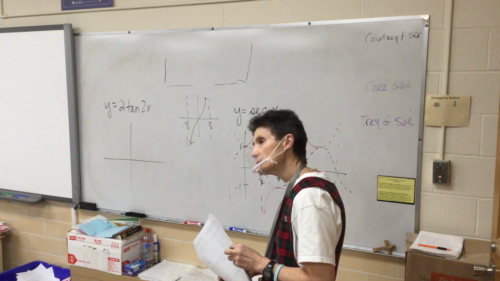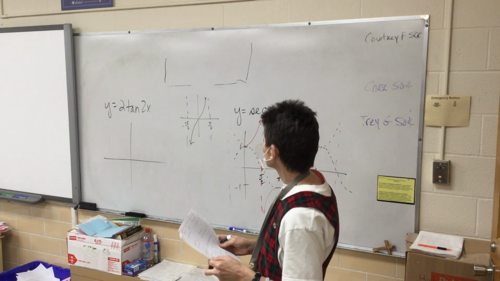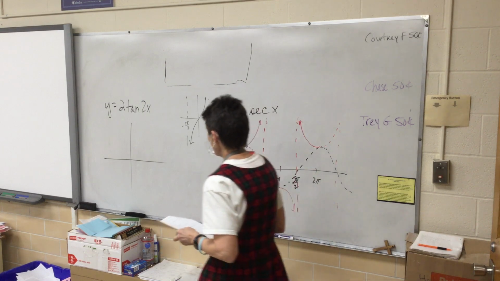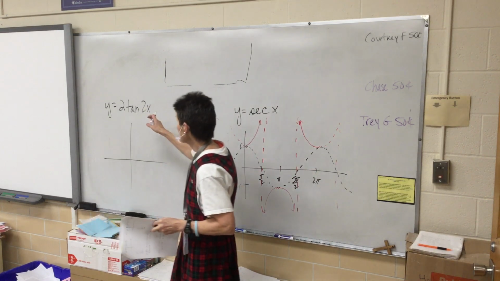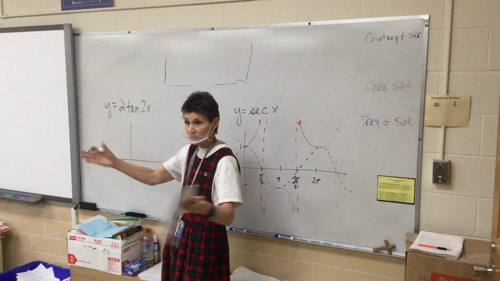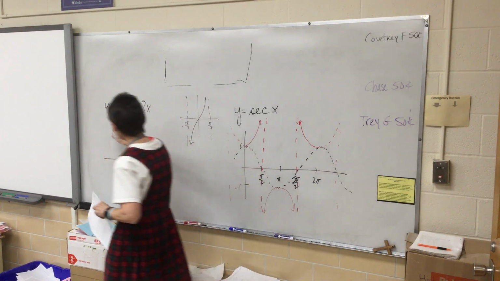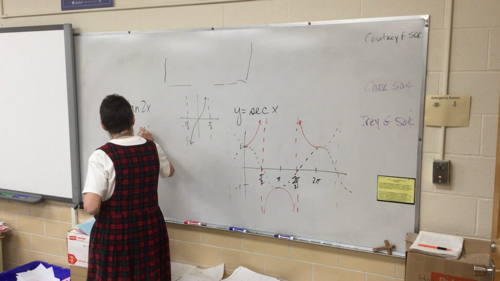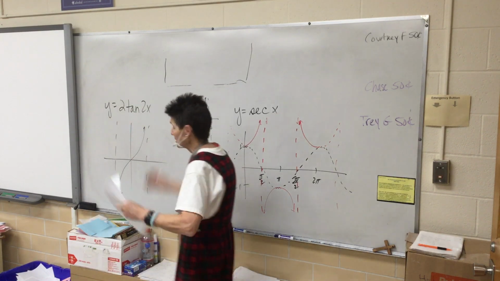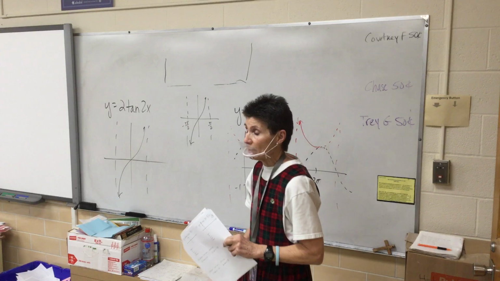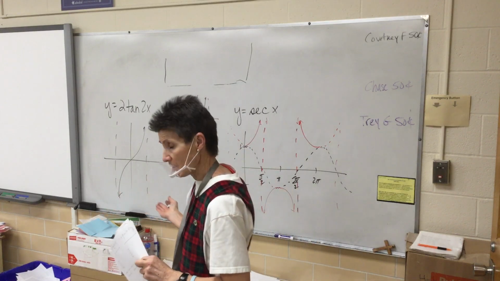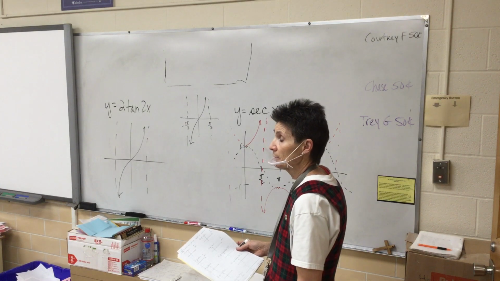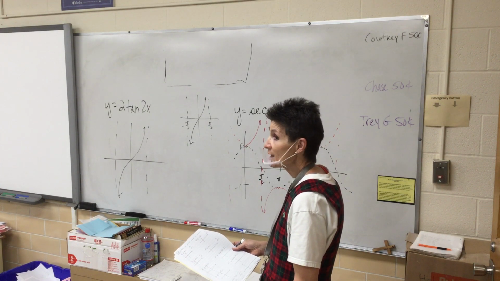Has there been any shifting sideways or anything in this problem? No. So there's going to be an asymptote here and an asymptote here, and the curve is going to do this. That's what tangents do. Now, if we move it, then we can't really start off that way. But we're not moving this one. We're just changing its size a little bit.